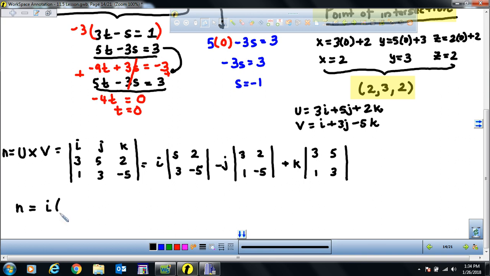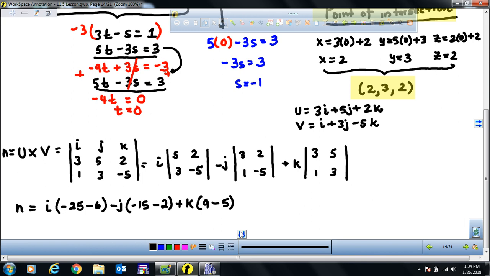So that will give us I times the component: negative 5 times 5 is negative 25, minus 3 times 2, which is 6, minus J times 3 times negative 5, which is negative 15, minus 2 times 1, which is 2, and then plus K, 3 times 3 is 9, minus 1 times 5 is 5.